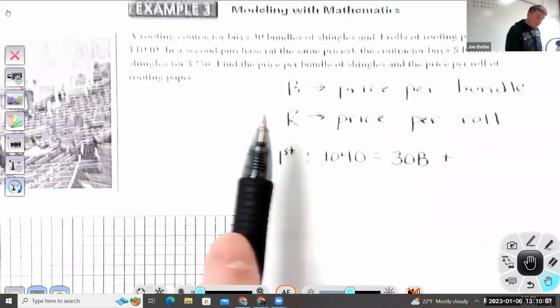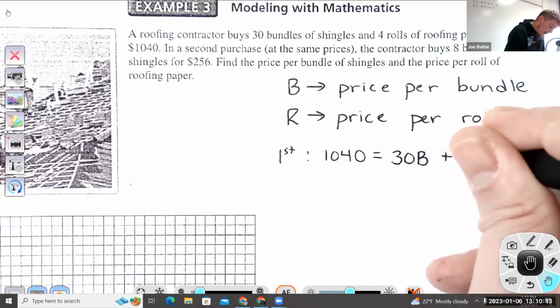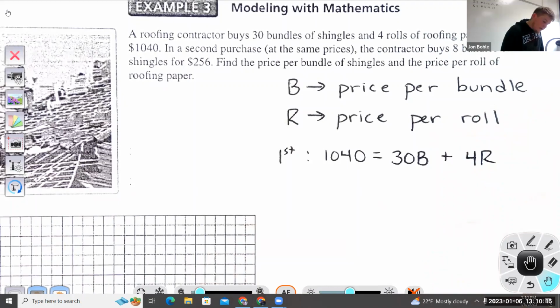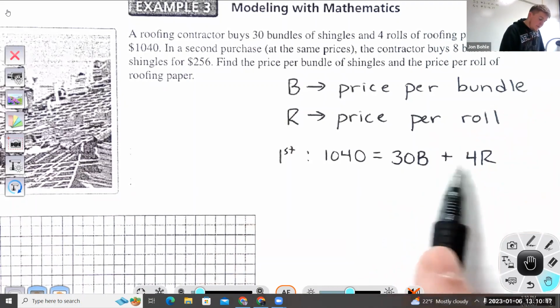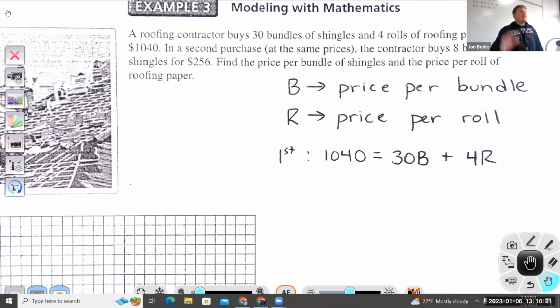Plus R represents the price for one roll, and I purchased 4. How do I represent that? 4R. And I'm adding them together because I would take my money from bundles plus my money from rolls, and all together that's $1,040.